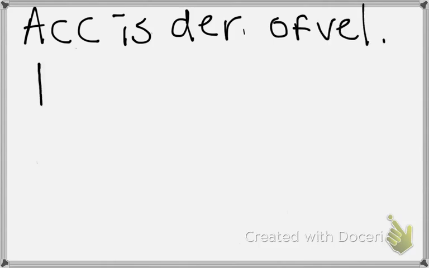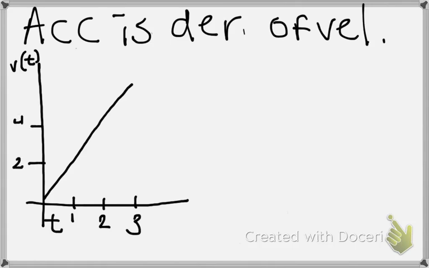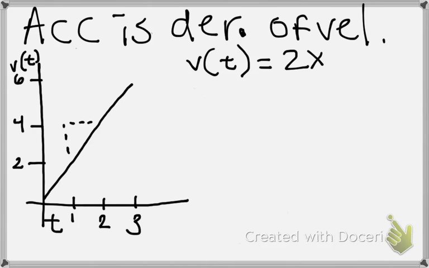Next, we're just going to relate acceleration and velocity. Right here, I am drawing the velocity versus time graph. As you can see, it is a linear line with a slope of 2. The slope is very important when relating acceleration and velocity because, as I wrote, acceleration is the derivative of velocity.